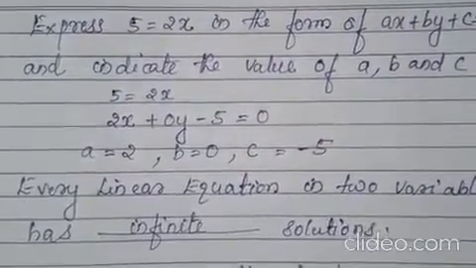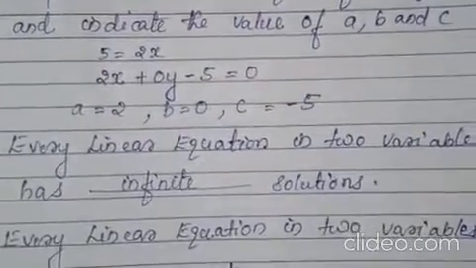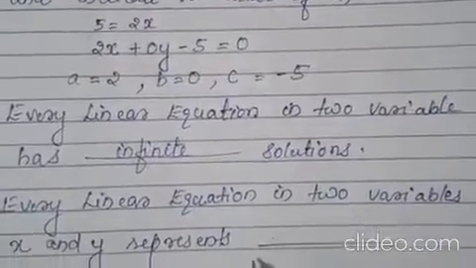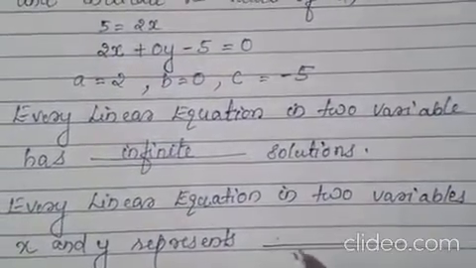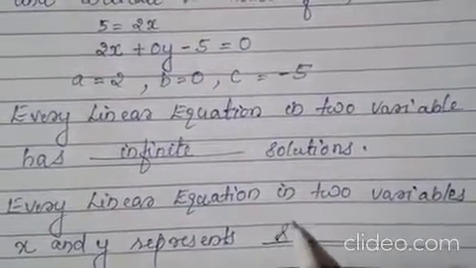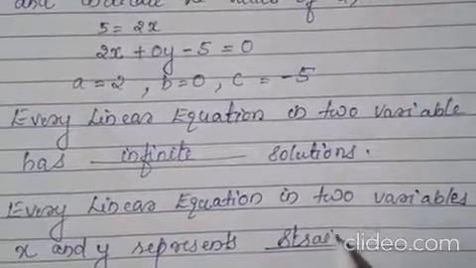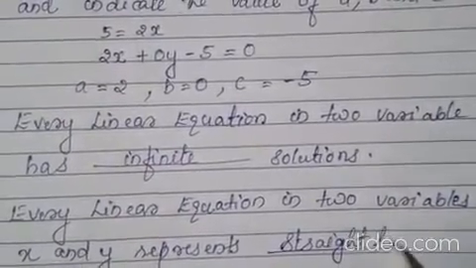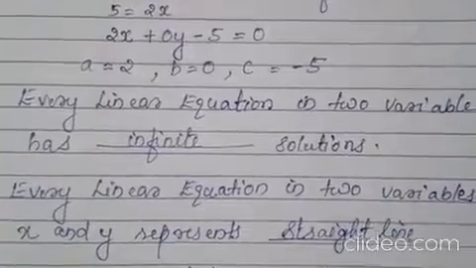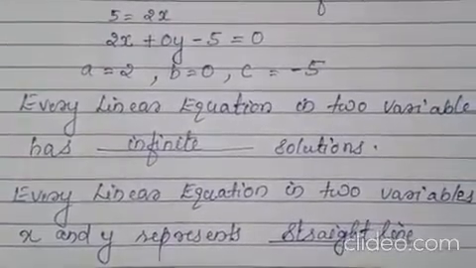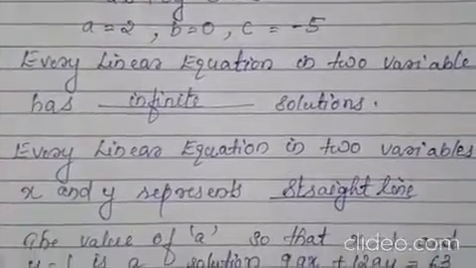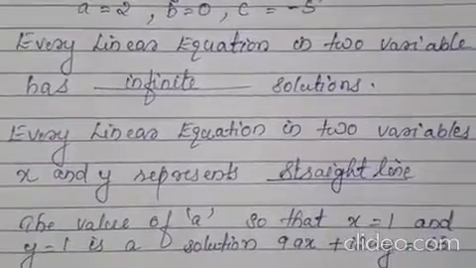The fifth question is: every linear equation in two variables x and y represents dash. x and y always represent a straight line. Understood? Straight line.